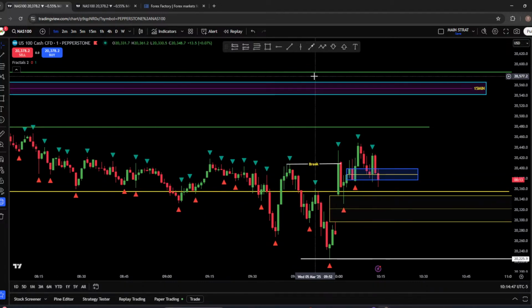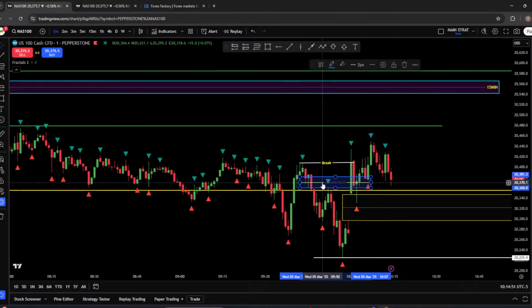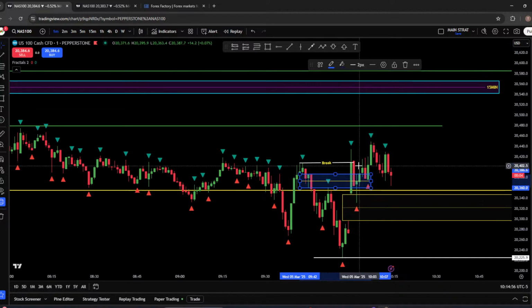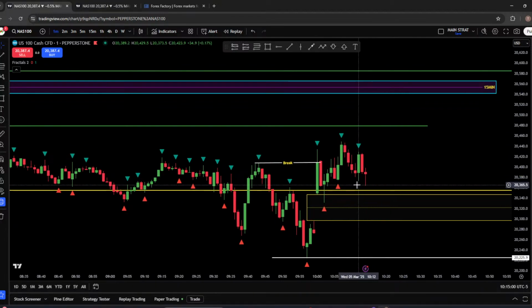For example, if we draw an order block over here and take a short, when it hits in there, it should just go. I don't want it to come back. Don't come back.